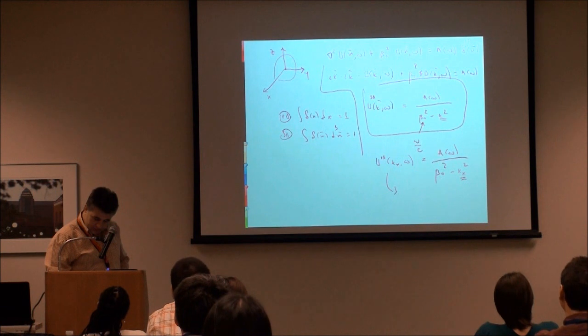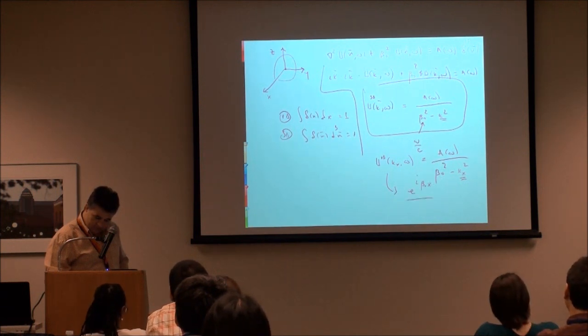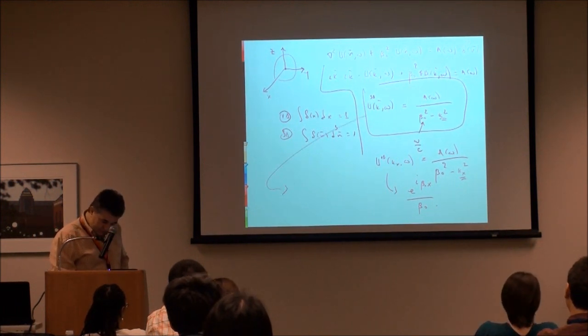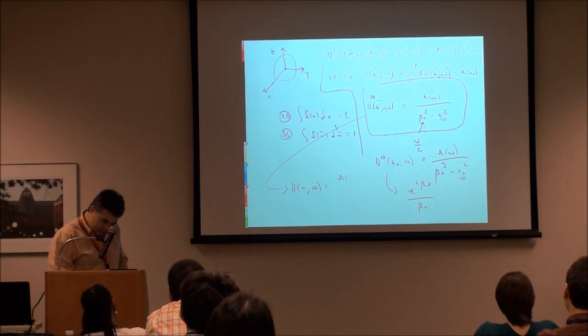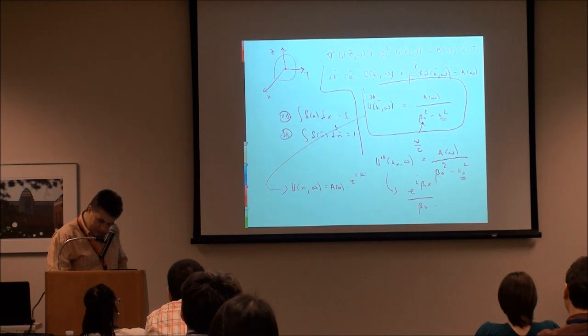The Fourier transform of 1D gave us e to the i beta naught x over beta naught. The 3D is going to give us u of r, so this is the final solution in 3D, is A of omega, which is irrelevant. It's going to be e to the i k, so this k, I'm sorry, beta naught.